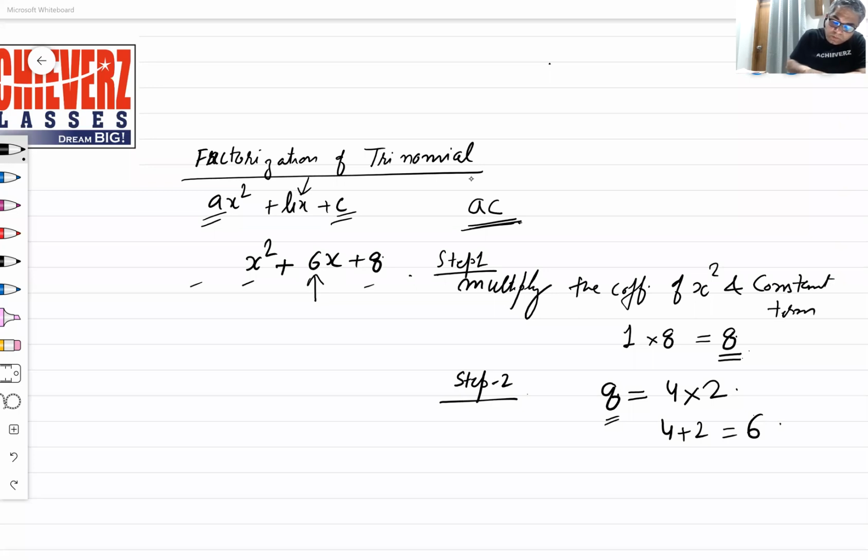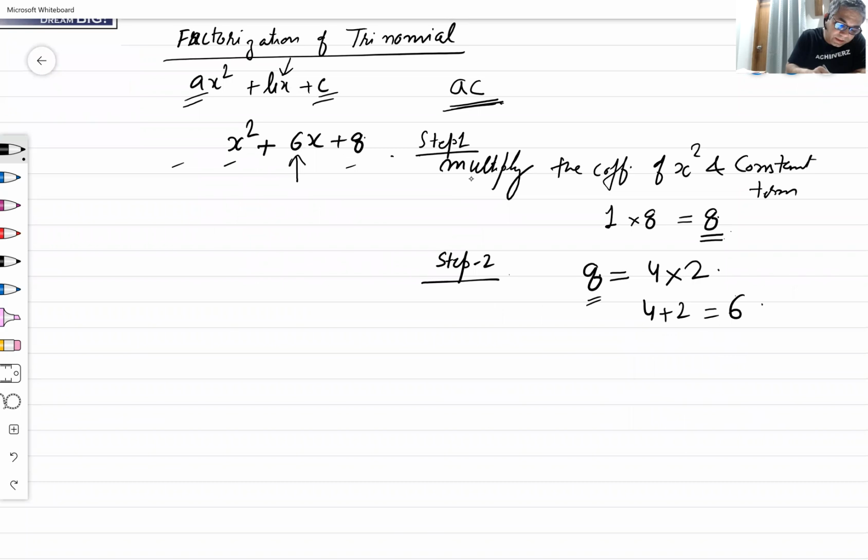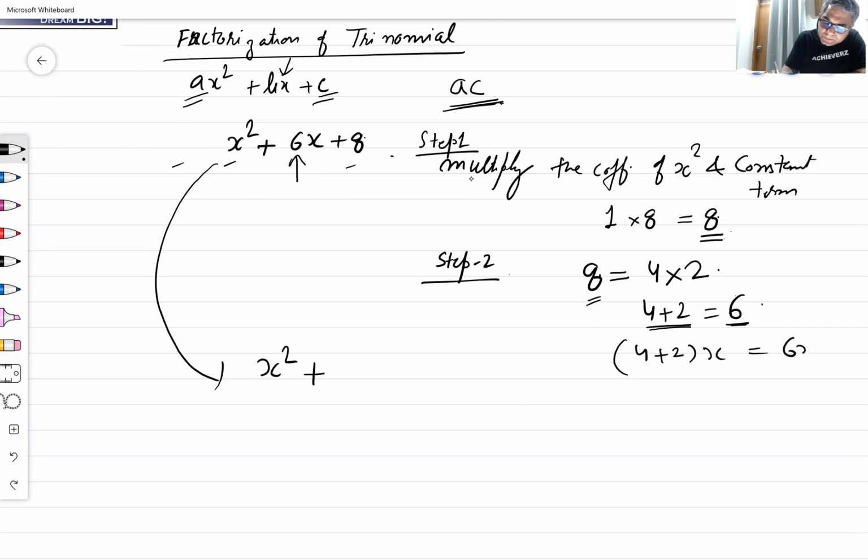So now what will happen? Now I will write this equation as x square plus, now we have broken this 6 as 4 plus 2 and there is x outside. So 4x plus 2x becomes 6x, right?